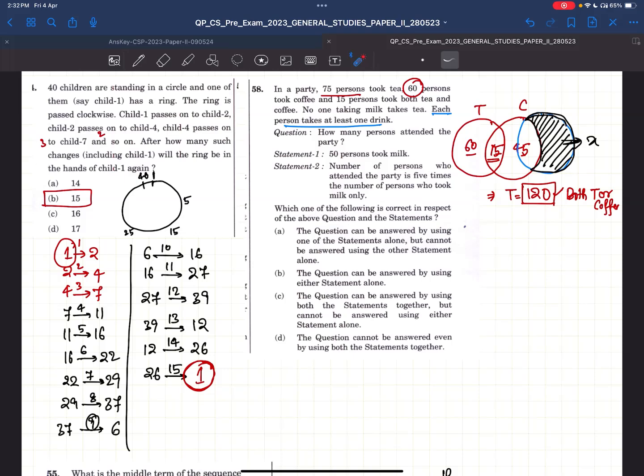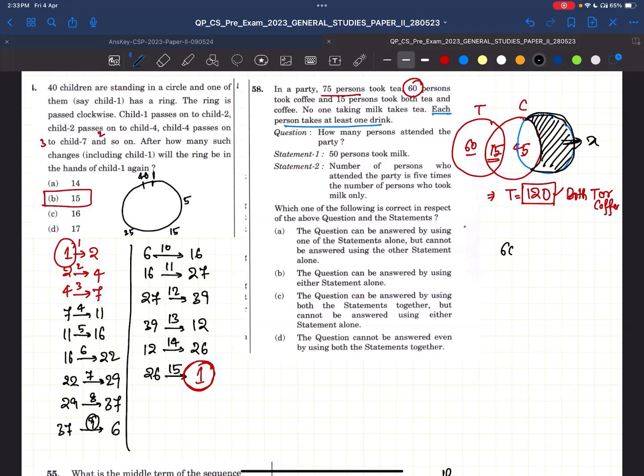Now he has given in statement number 2 that the total number of persons, which means this total, is 5 times this x. What is the entire total? This 60 plus 15 plus 45 plus this x is equal to 5 times x.